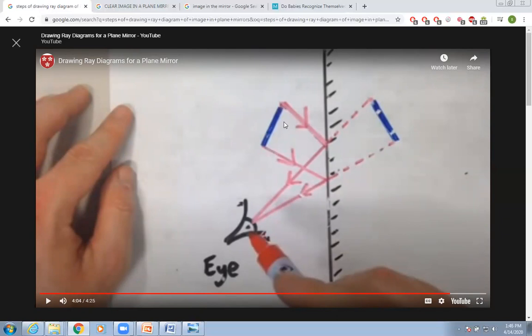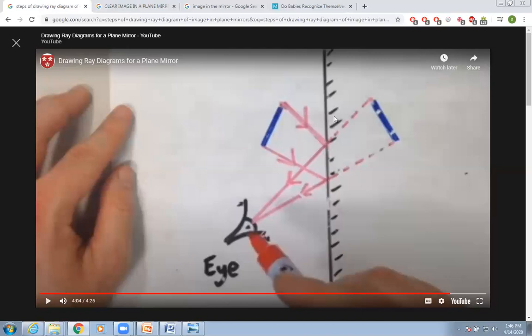Number three, when you draw these points, you can draw these distances in the form of dotted lines. You can see in your books the images are drawn there. They have drawn the dotted lines, and I will also show you in my presentation. And for getting this point of incidence, what's important?